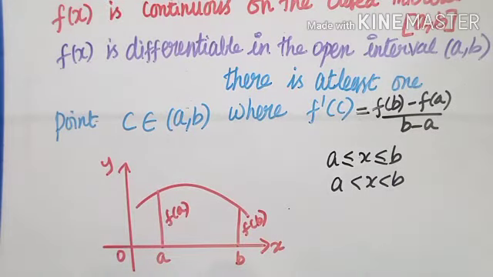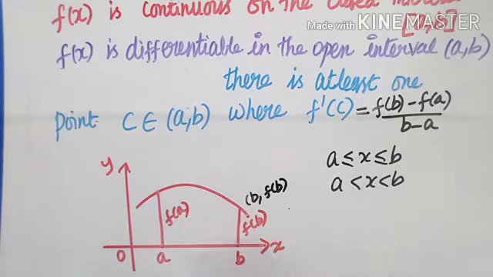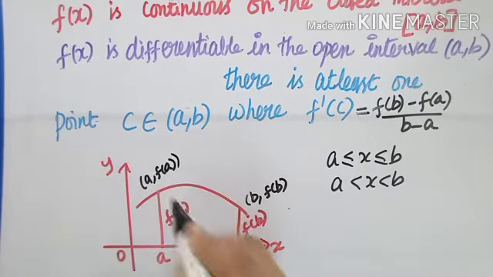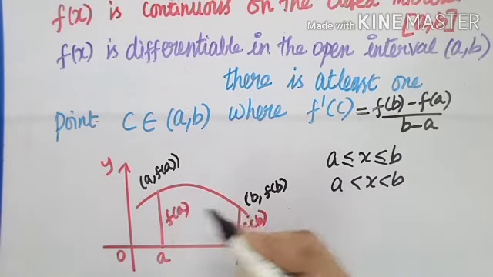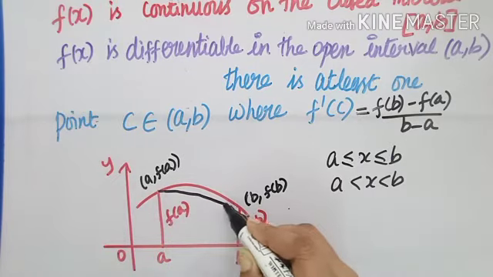So, how do I compare it geometrically? This point I call (b, f of b). This point I call (a, f of a). A little before we said y2 minus y1 by x2 minus x1 is nothing but the slope of this line.